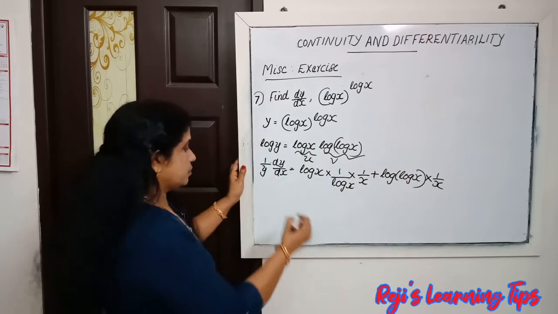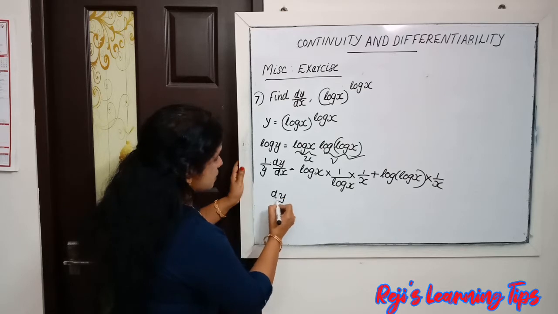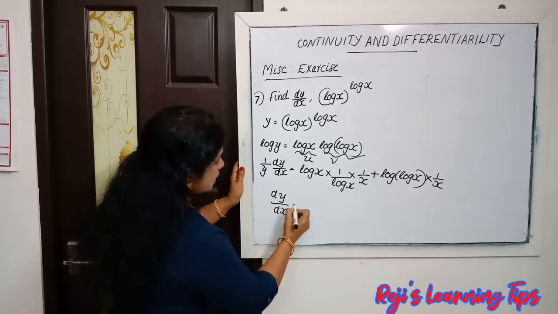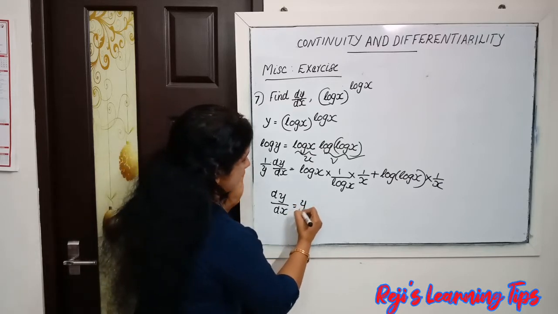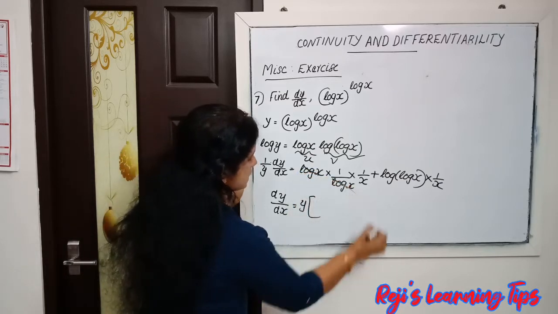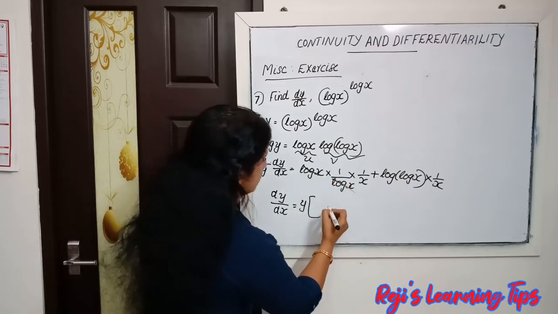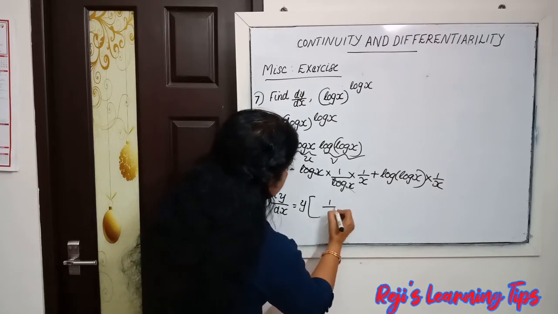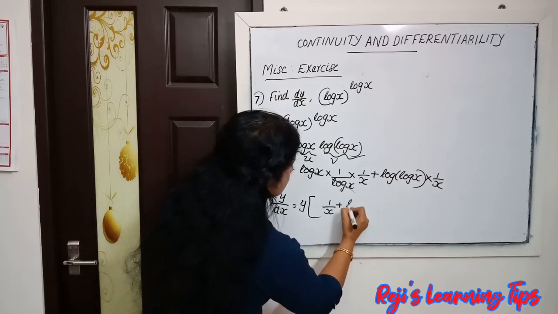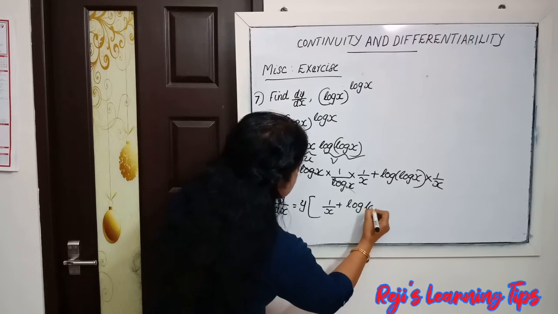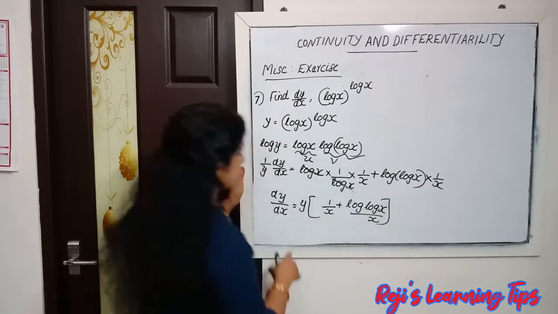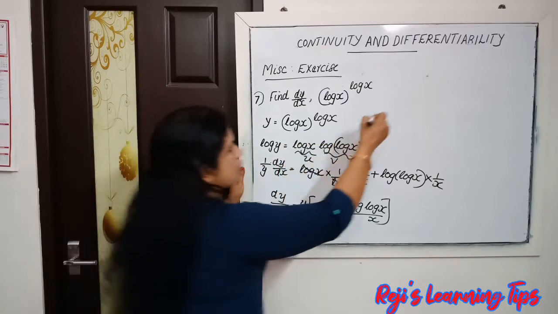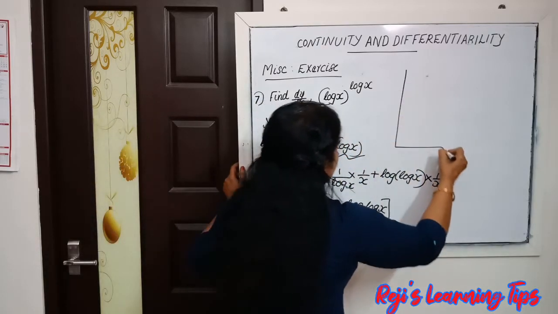1 by x. Then dy by dx is equal to, we take this y to the other side, y into, we can cancel this log x and log x, then we will get 1 by x plus log of log x divided by x. Then y is (log x) the whole raised to log x.